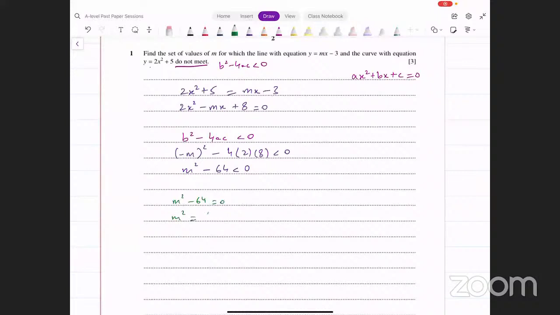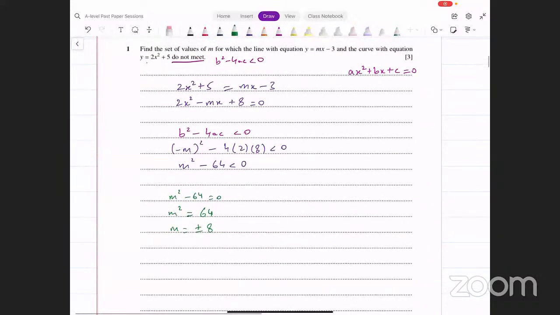That gives you m squared equals 64 and m equals plus minus 8. These are the two points where this graph meets the x-axis. The graph of m squared minus 64 is going to meet the x-axis at these 2 points, which are minus 8 and plus 8.